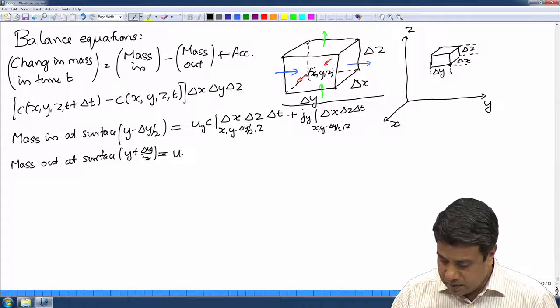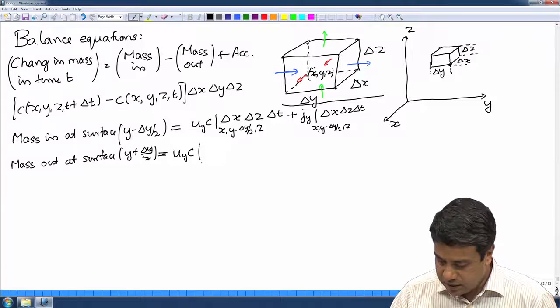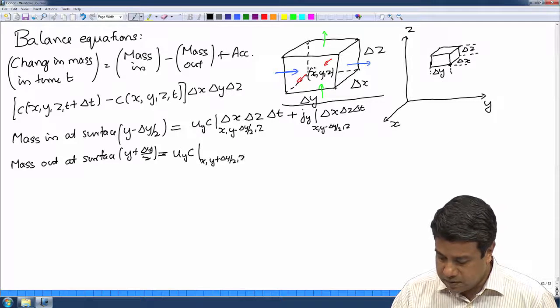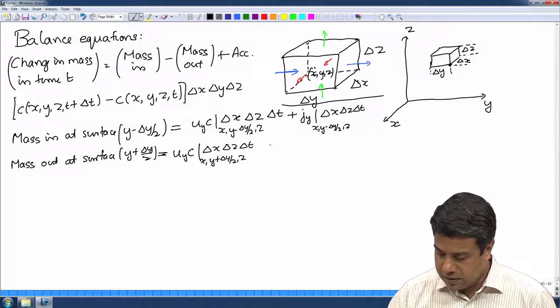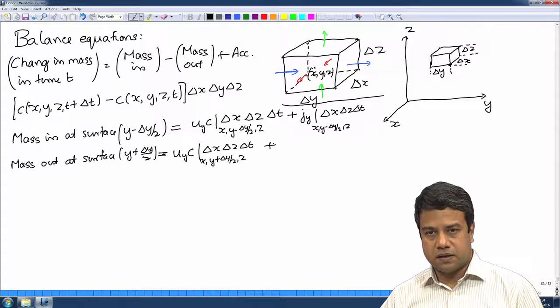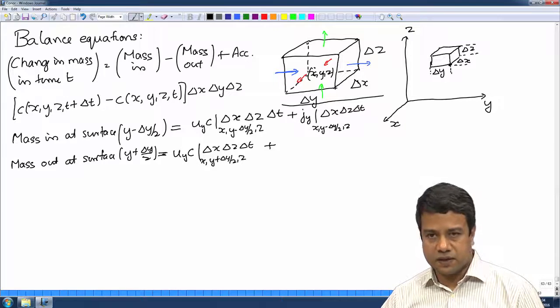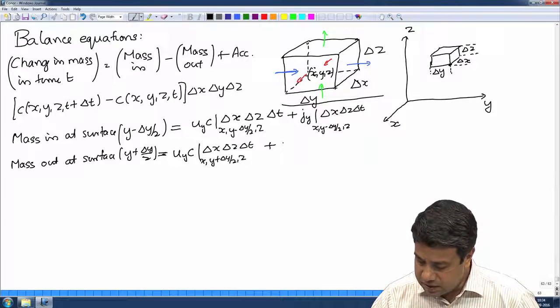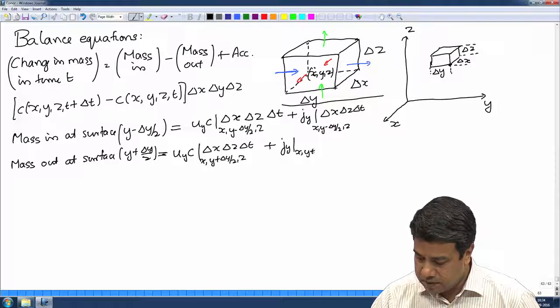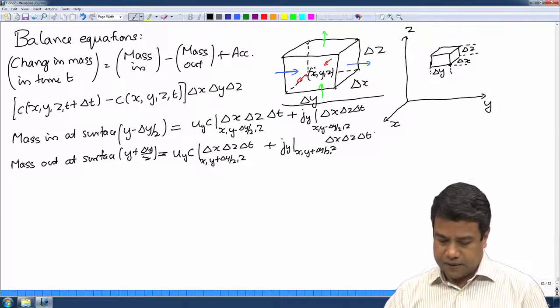It is going to be equal to u_y times c at x, y plus delta y by 2, z, times delta x, delta z, delta t, that is due to convection. The velocity perpendicular to the surface times the concentration at that location is the convective mass, and the diffusive mass is just the mass flux at x, y plus delta y by 2, z times delta x, delta z, delta t.